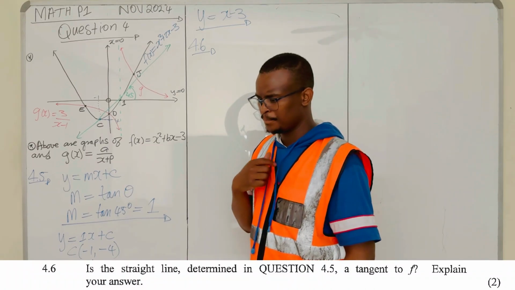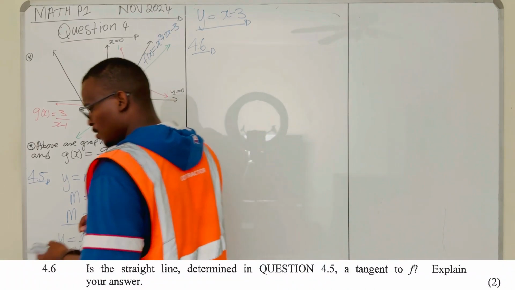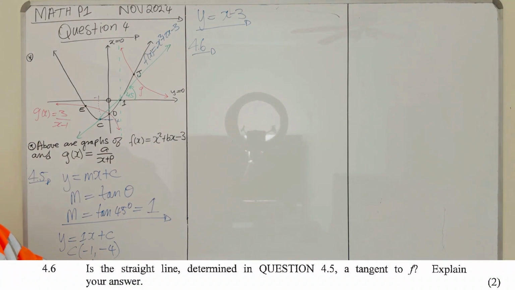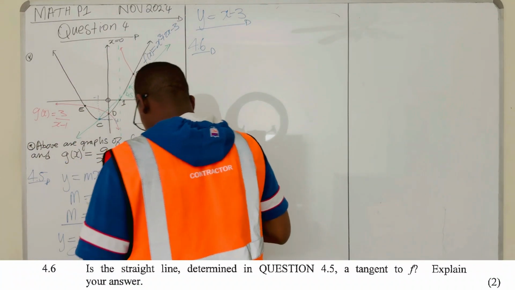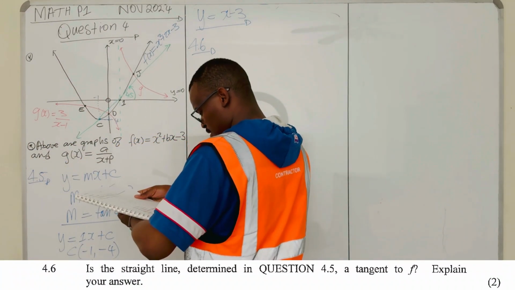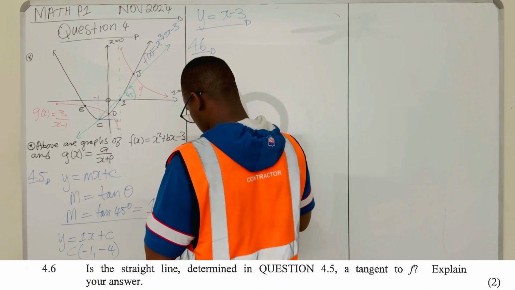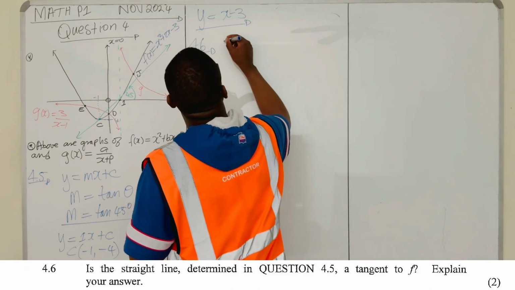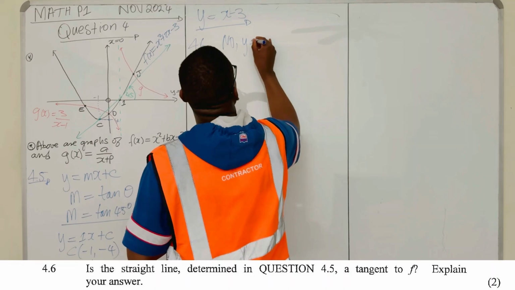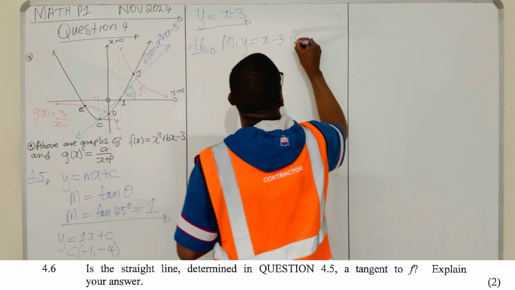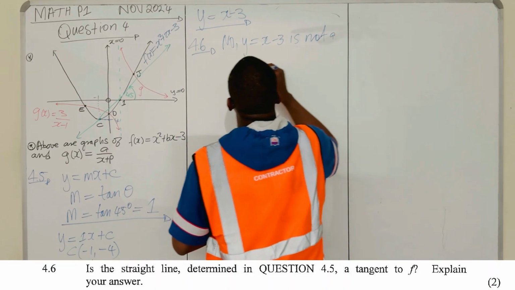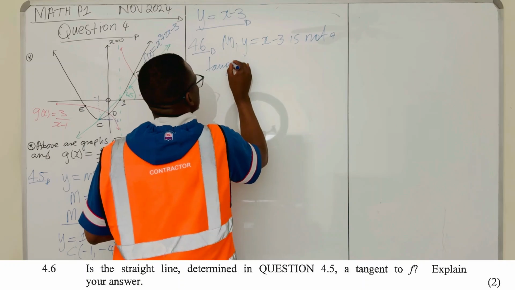Is it clear? So in simple terms, is the straight line determined a tangent to f? You can say no. So you want us to explain. No, y is equal to x minus 3 is not a tangent.